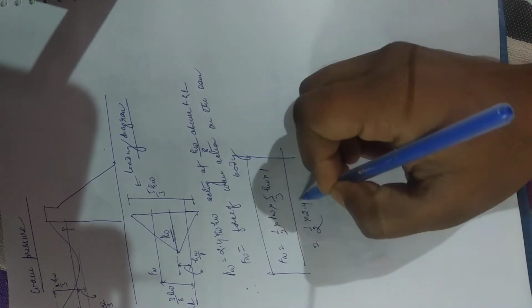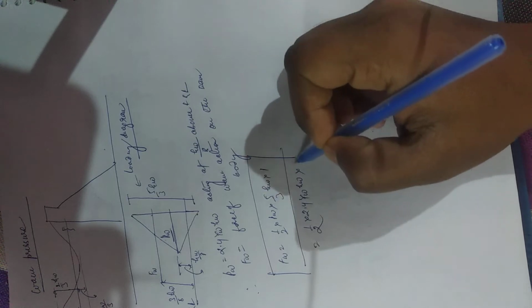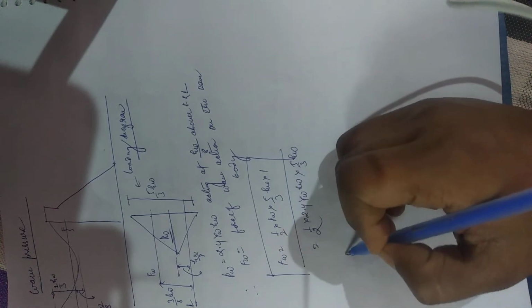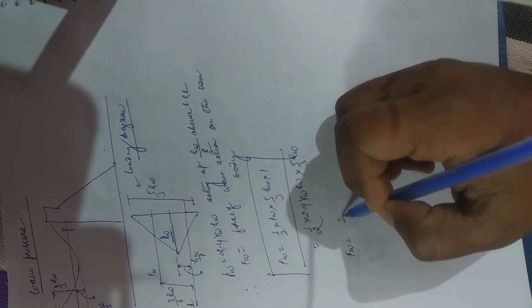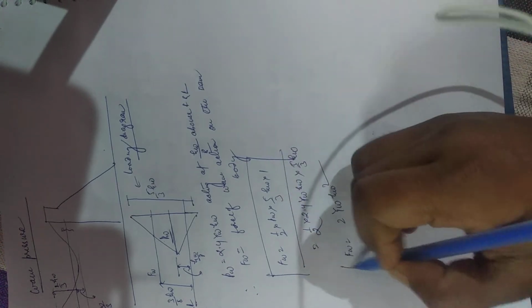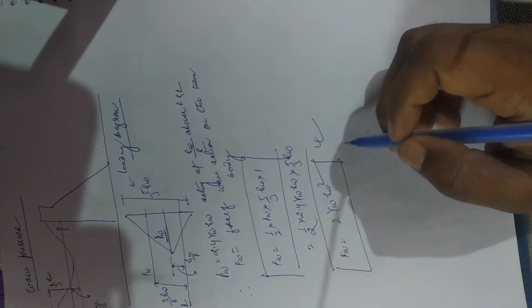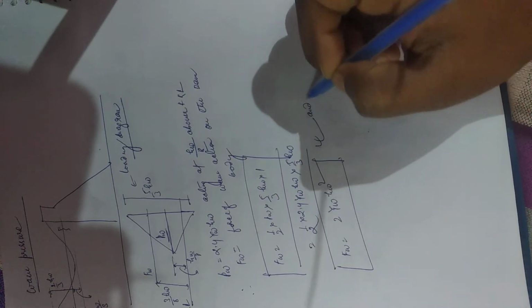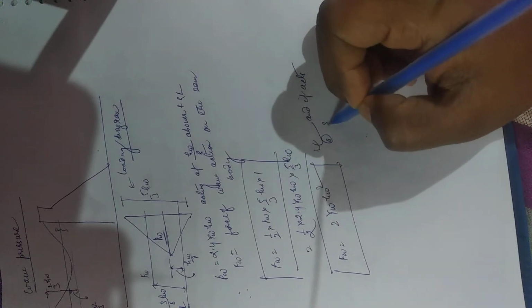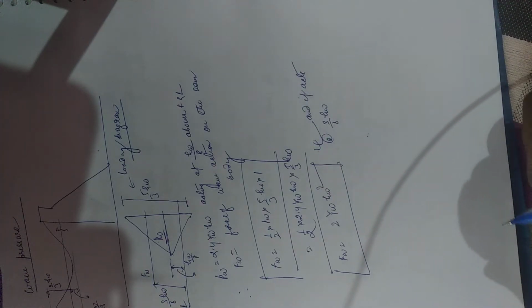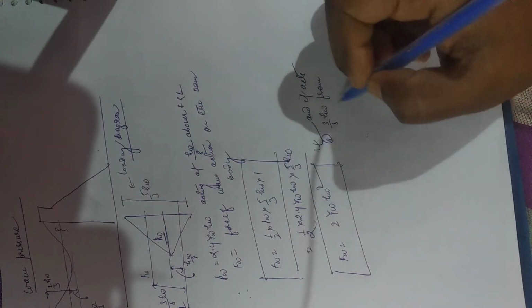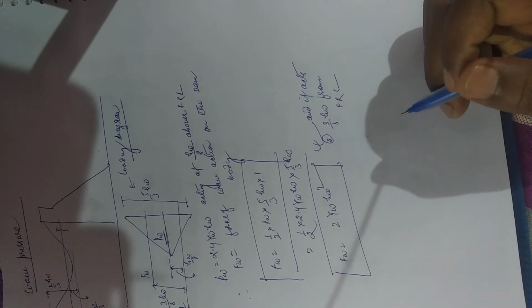This is 2.4 gamma W SW into 5/3 SW. On solving this, FW is equal to 2 into gamma W into SW square, and it acts at 3/8 into HW height from the FRL. FRL was full reservoir level.